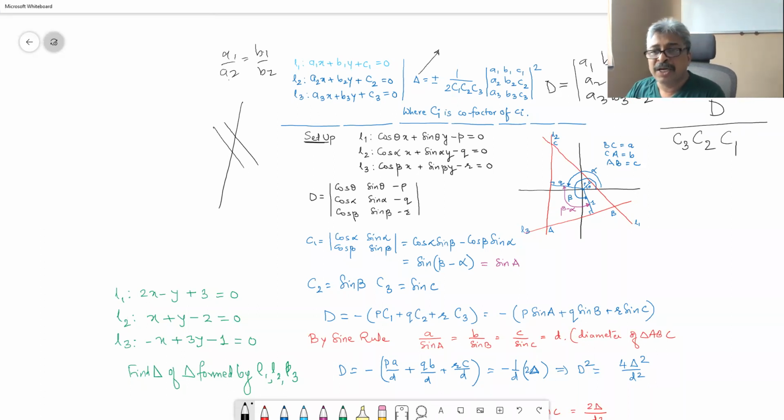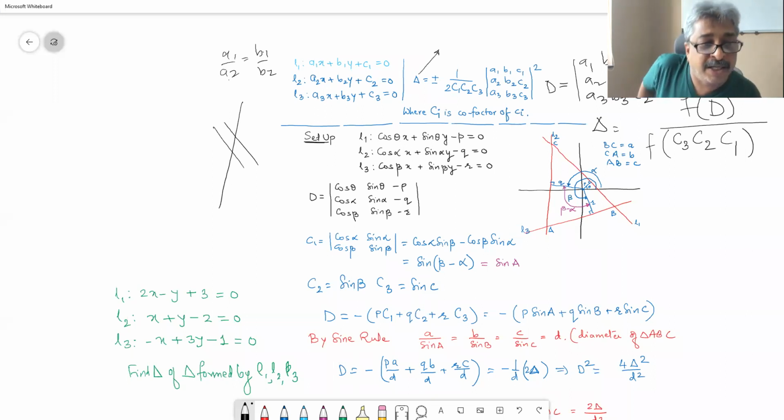Okay, so your delta is going to be looking like this: the numerator is going to be a function of this determinant, and the denominator is going to be a function of every cofactor, or maybe we can guess a product of cofactors at that time, because if any one of them is 0, the denominator is going to be 0, not acceptable.